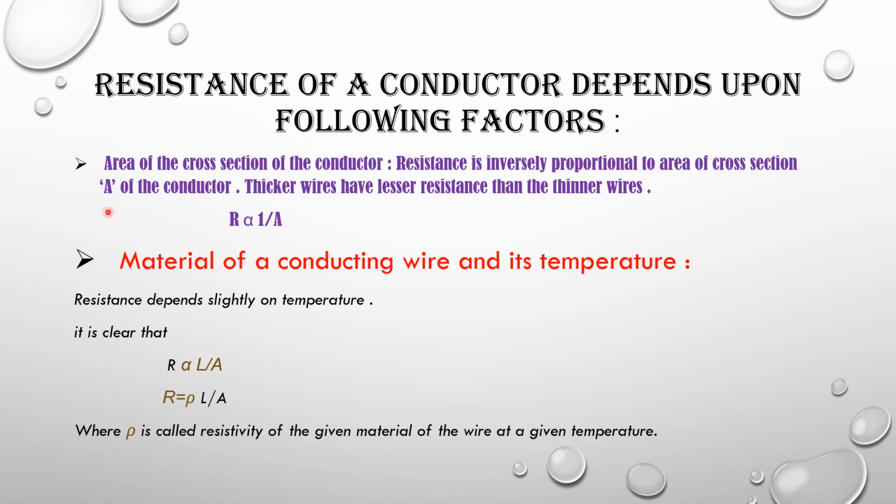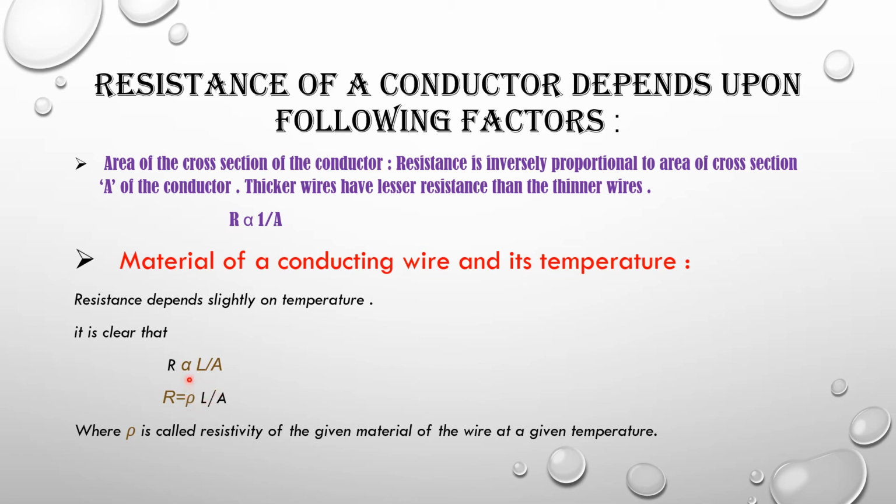We are done with three factors. The first factor was R is directly proportional to length. The second factor is R is directly proportional to 1 by A. Combining both factors, we get R is directly proportional to L by A. Here is the proportionality sign.